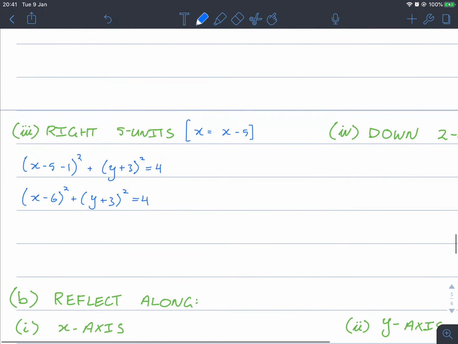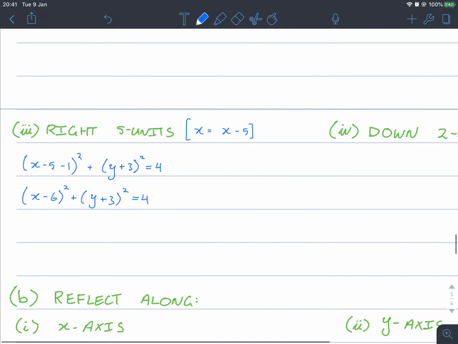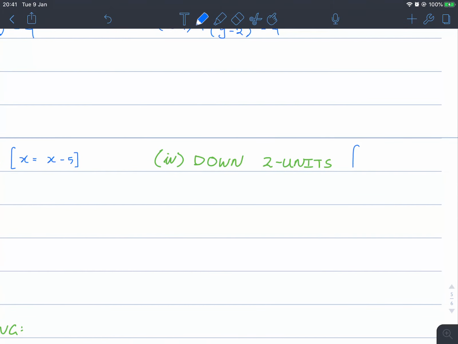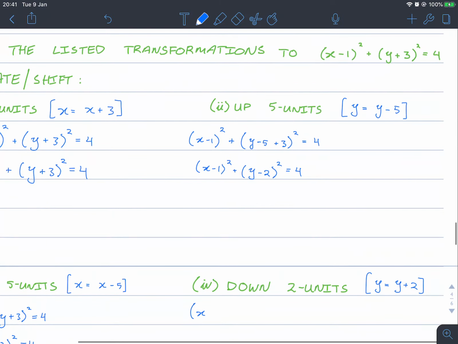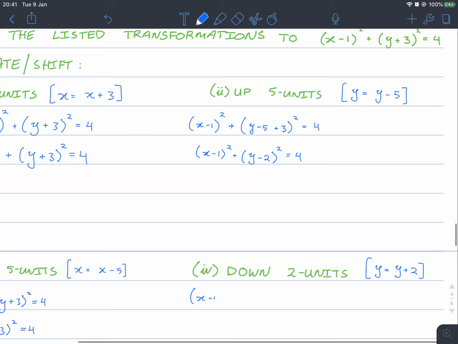Hope you can imagine what this looks like on the graph, because I'm going to just move along here. For a shift down, we let y become y plus 2. So this will become x minus 1, plus y plus 2 up here in the top, plus 3, all squared equals 4.